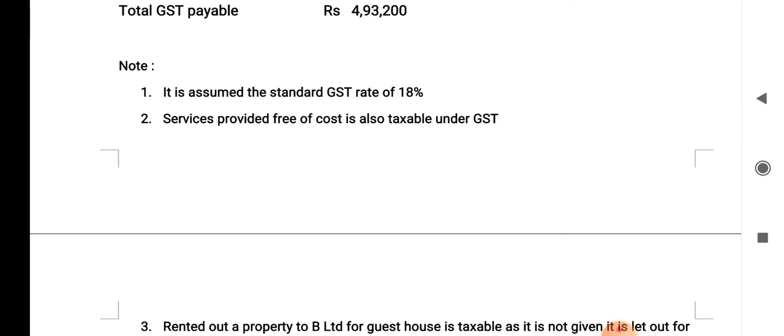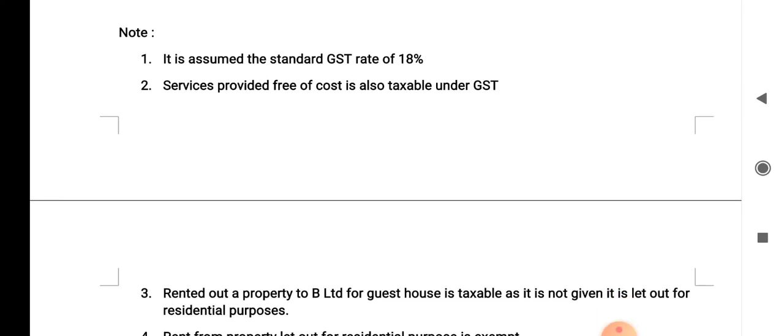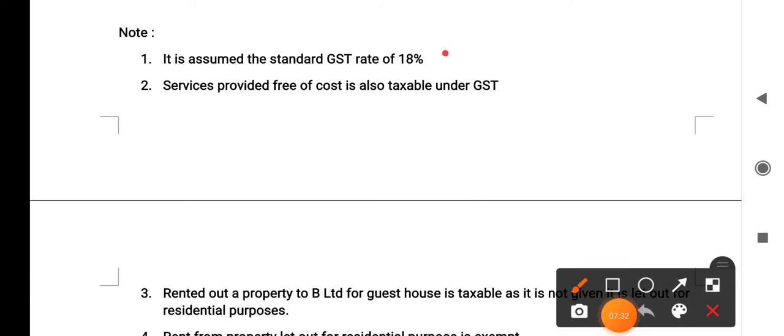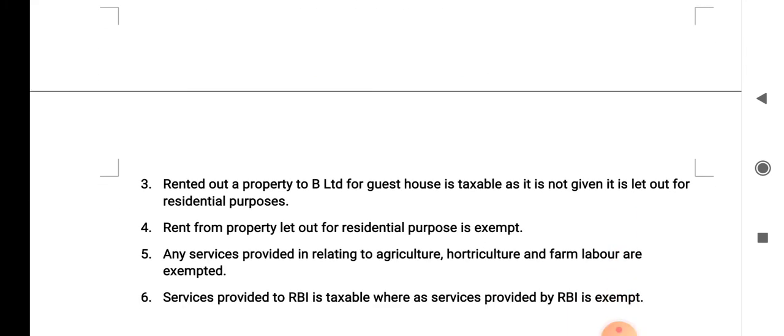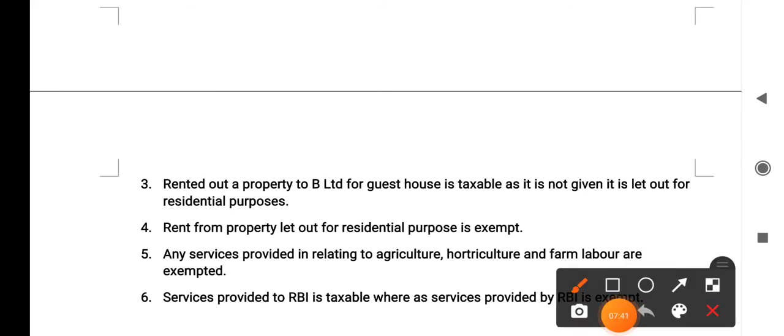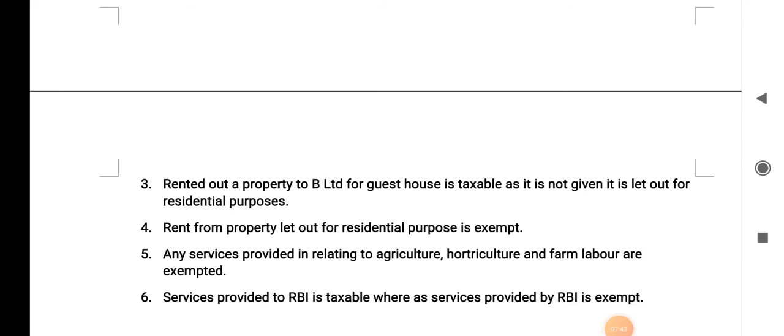So, here there are certain points regarding the treatment of various different cases. The first one is that it is assumed the standard GST rate is 18%. Services provided free of cost is also taxable, as I told just now. Then the property let out to B Limited is not let out for residential purpose, so it is taxable.